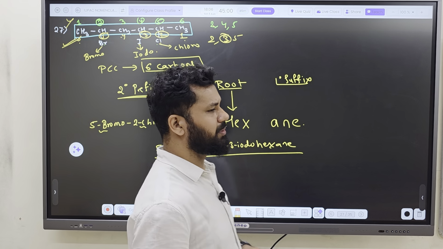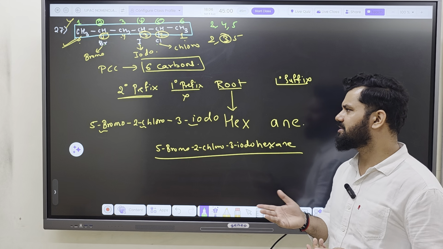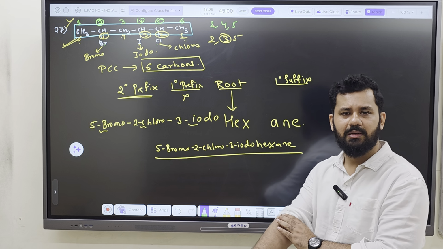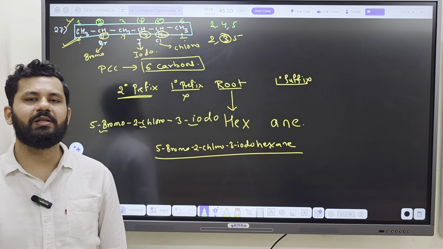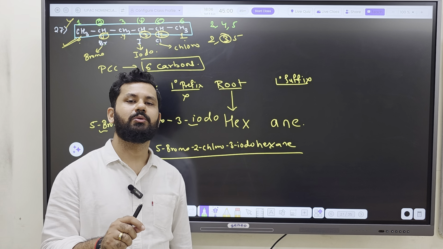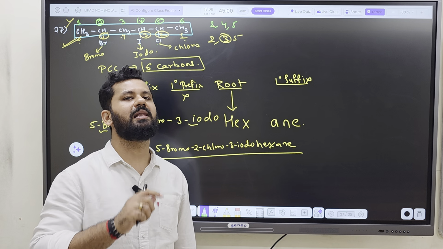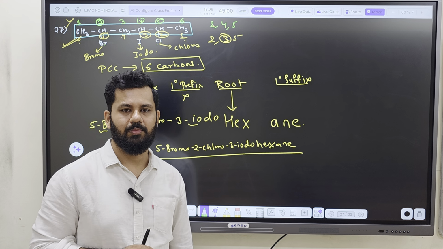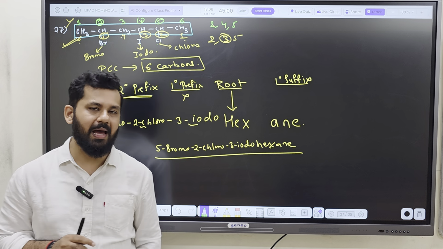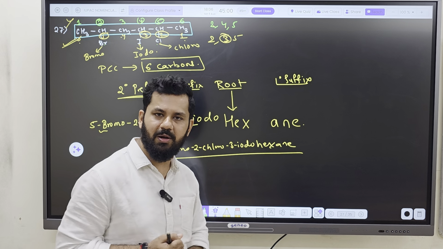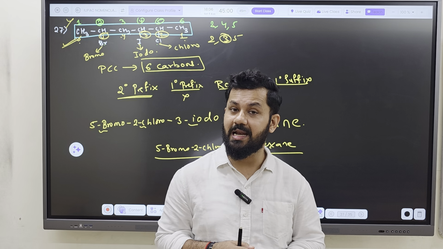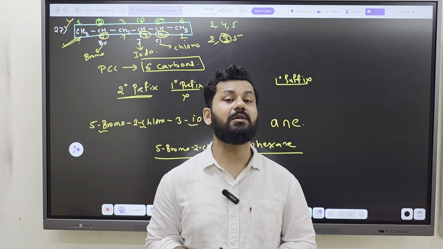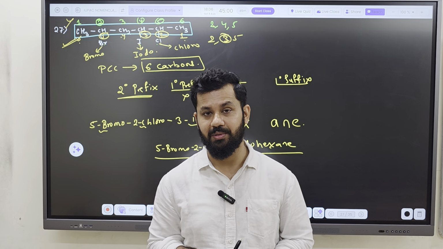This is one example which I had done in my previous class, just to give you a preview. And that's it in today's class. In our next class, we will see how to name cyclic compounds. Let us quickly recap. We have studied the format of IUPAC, how to select a PCC, the rules for selecting the PCC, and the rules for numbering the PCC.